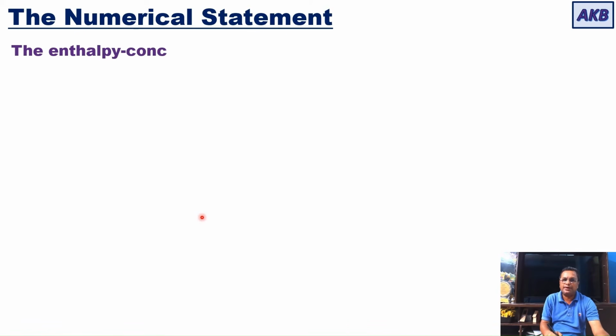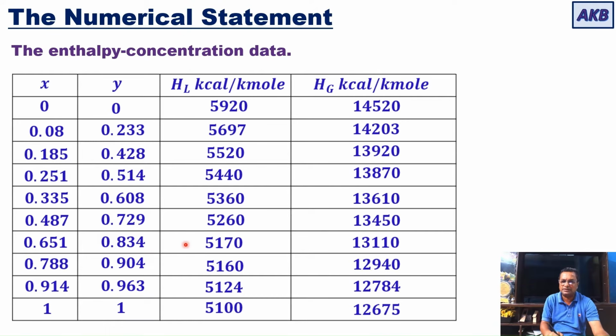Then the enthalpy concentration data is provided to us. So you can see the data is provided in this table. So you have X, which is mole fraction of the more volatile component in the liquid phase, various values of X. Then you have Y, that is mole fraction of the more volatile component in the vapor phase. Then you have HL, which is enthalpies of saturated liquid solution.